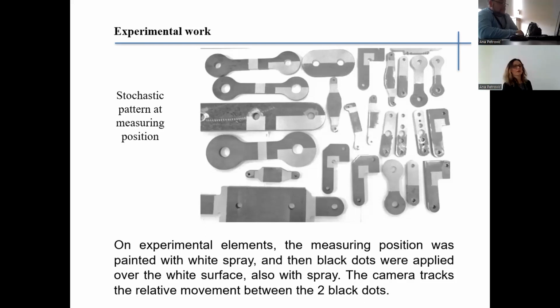You can see, and then black dots were applied over the white surface, also with spray. The camera tracks the relative movement between two black dots. And here is that stochastic pattern and measuring position.